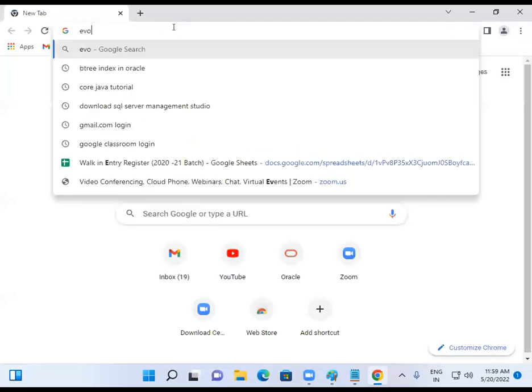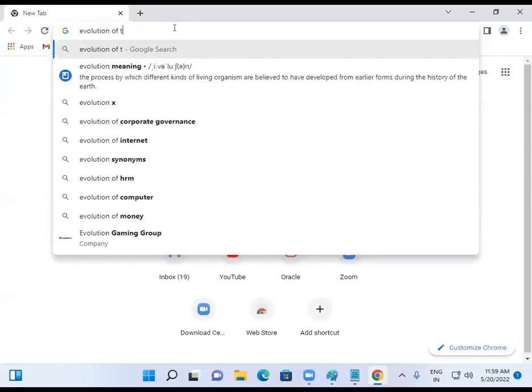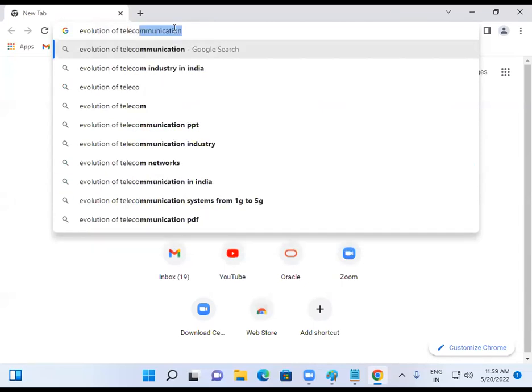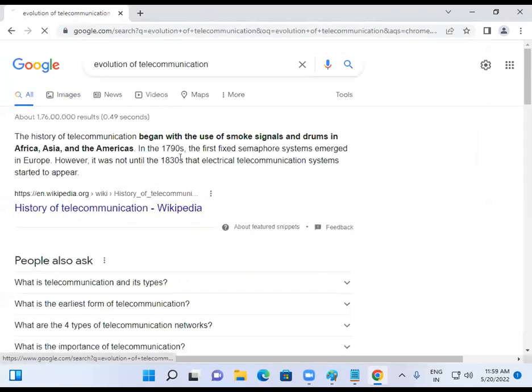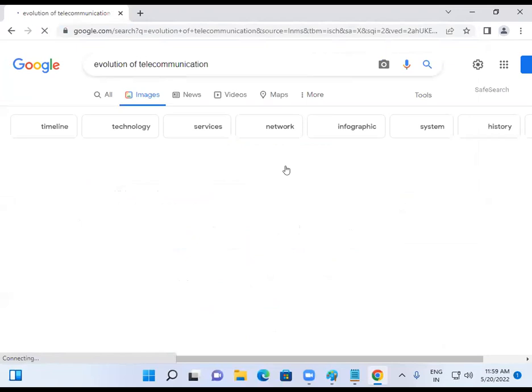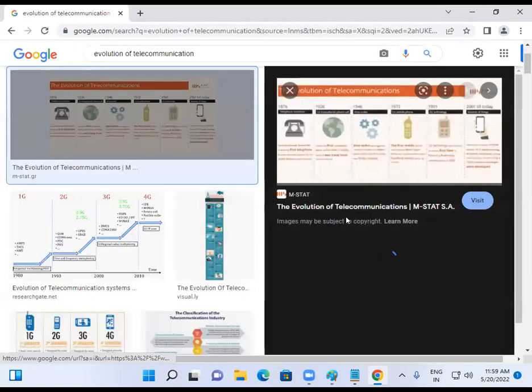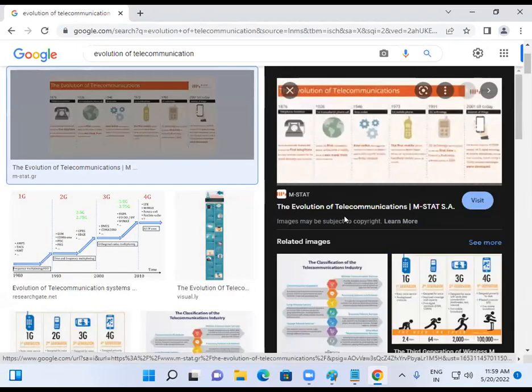Evolution means, for example, evolution of telecommunication. Just go to these images. This is the evolution of telecommunications.